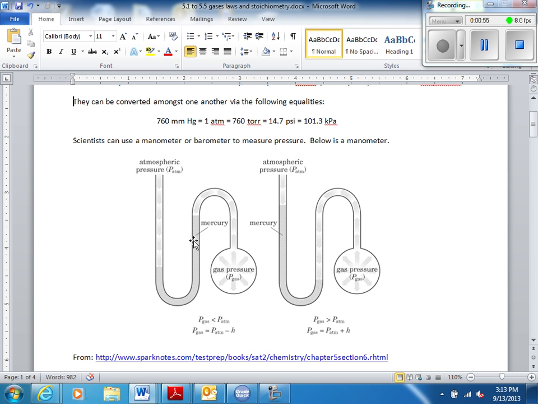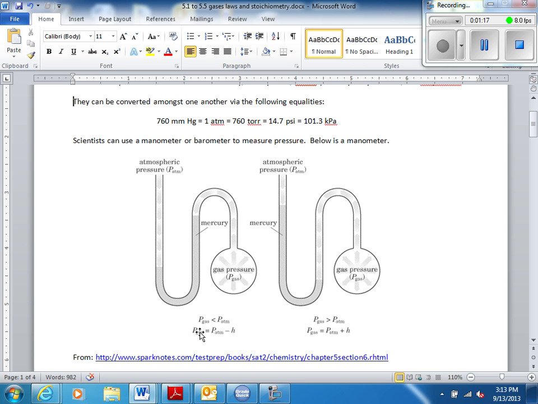So if you look at this liquid here, which is mercury, and if I were to ask you who's pushing harder, the gas or the outside pressure? Well, if you look here, do you see that this side is farther down than this side? That tells you that atmospheric pressure is pushing more, or has a larger pressure, than the inside pressure.